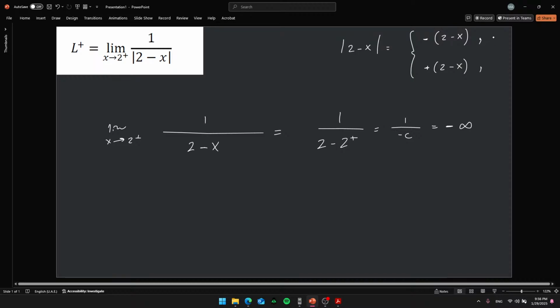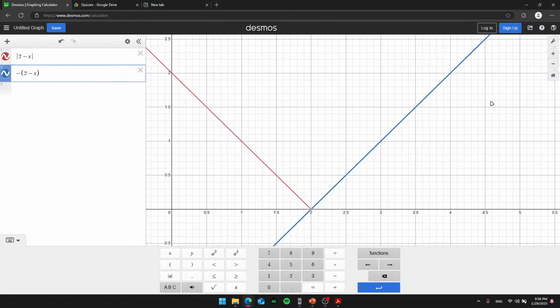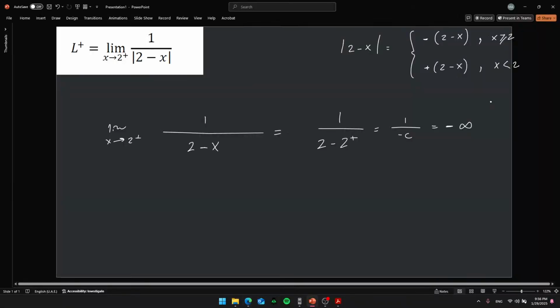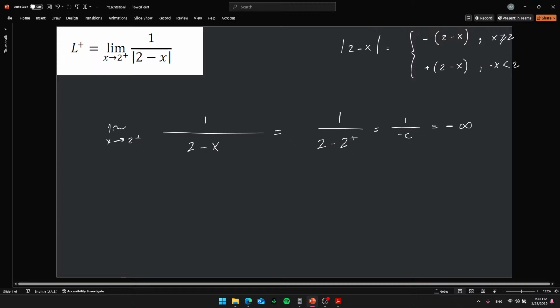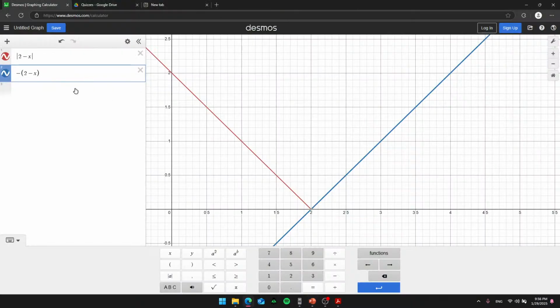This one should be x greater than 2 and x less than 2. Like this. X is greater than 2, negative 2 minus x, and x less than 2, 2 minus x.